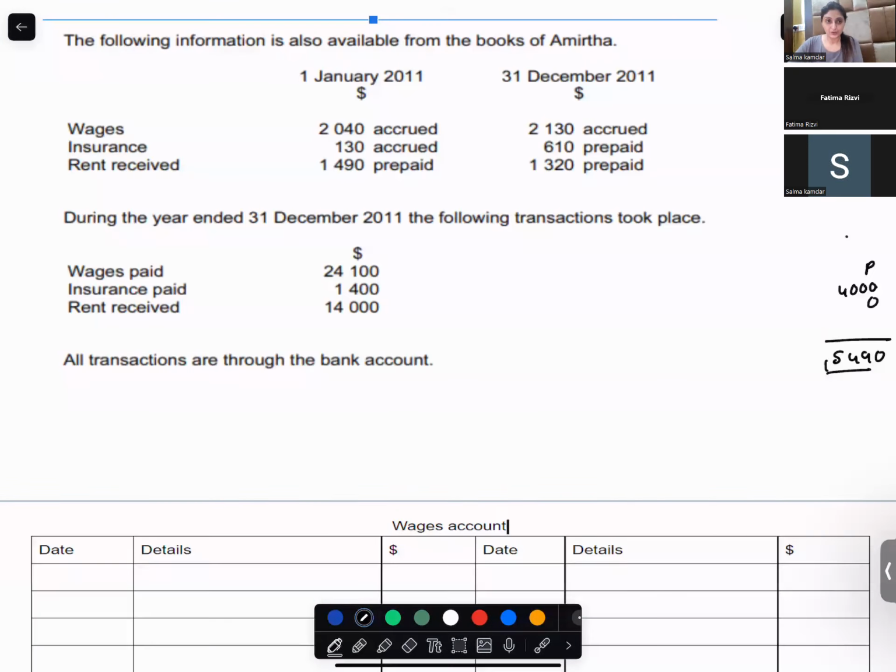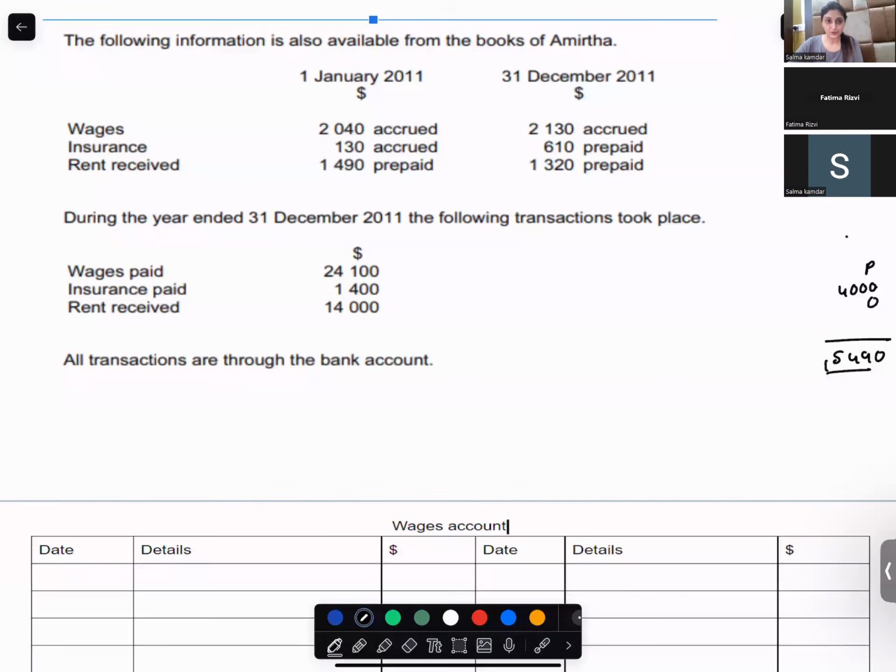Now if you see over here, information is in the books of whom? Amrita. You need to first be very sure which account you're making, an expense account or an income account. Are you with me? Yes, miss. So you have to make wages account, insurance account, and rent received account.